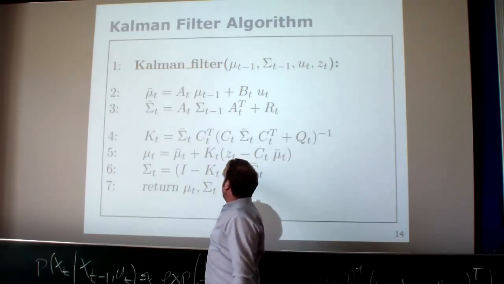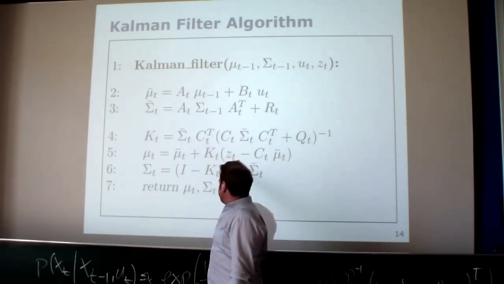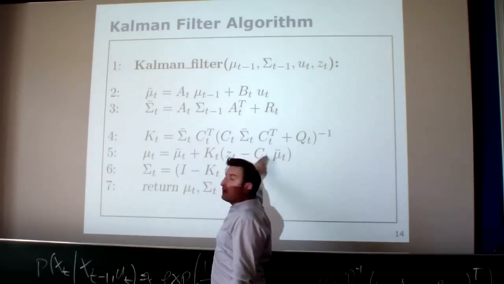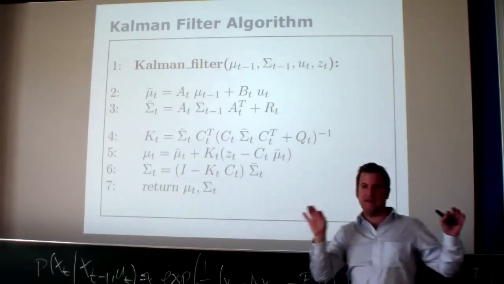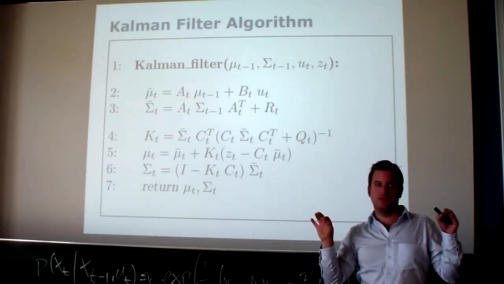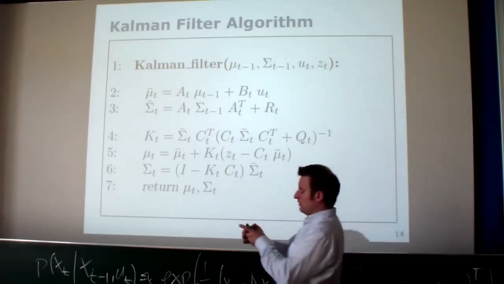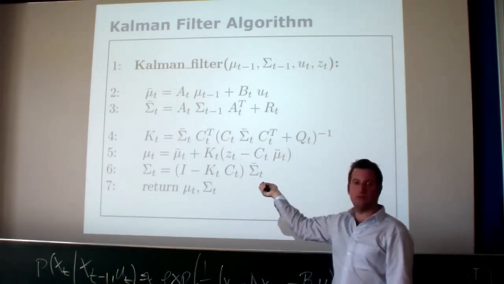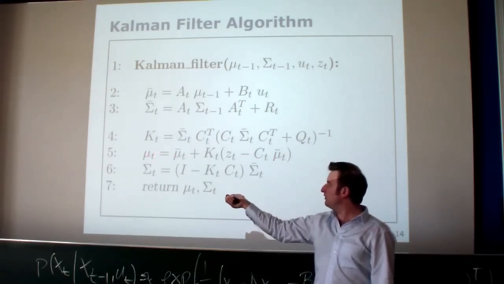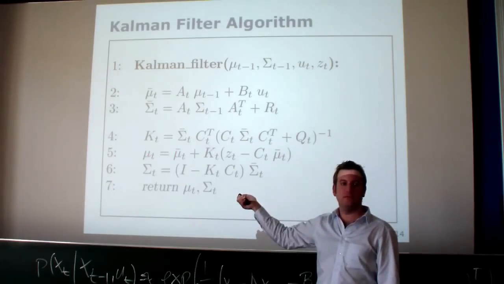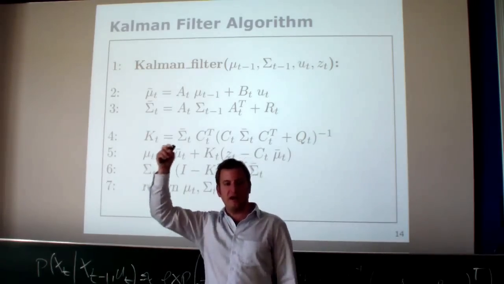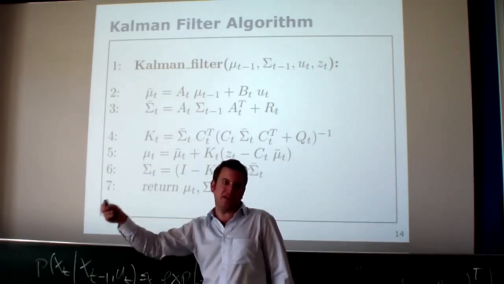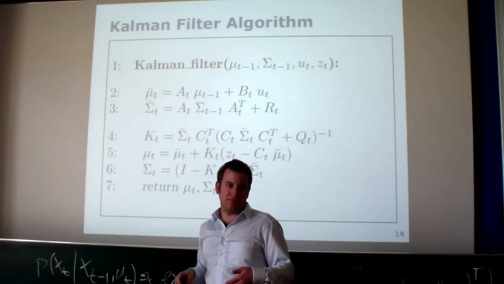And I look at the difference between my real measurement and my expected measurement. If they are perfectly in line, so I exactly observe what I expect, this term here is 0. So the mean stays the predicted mean, which makes sense. I make a prediction, and what happens is exactly what I expect, so I don't make any change to the system.